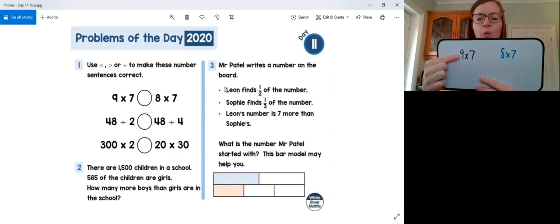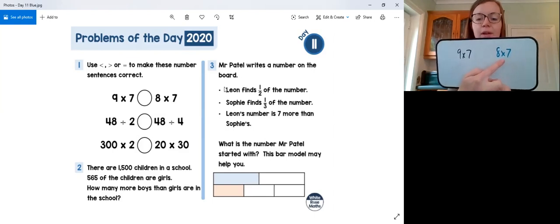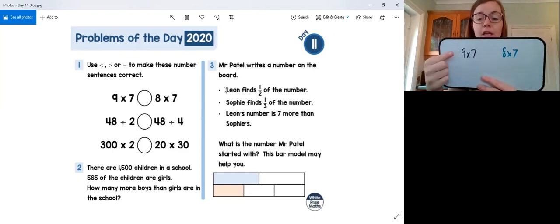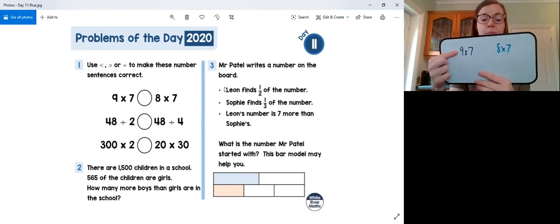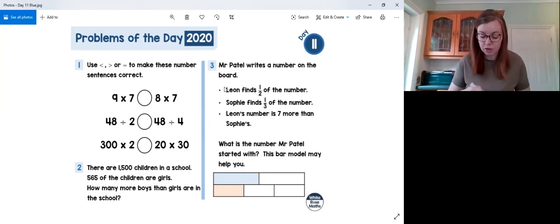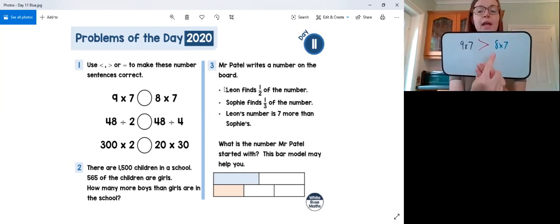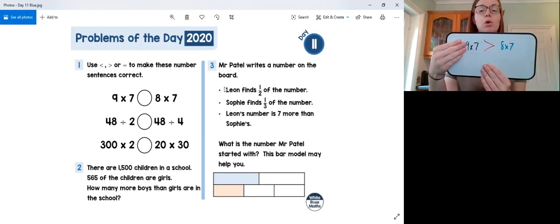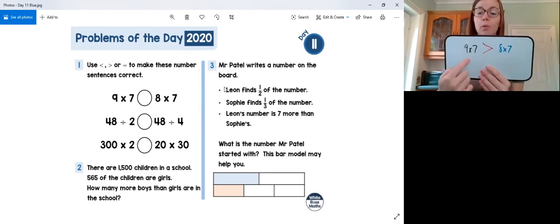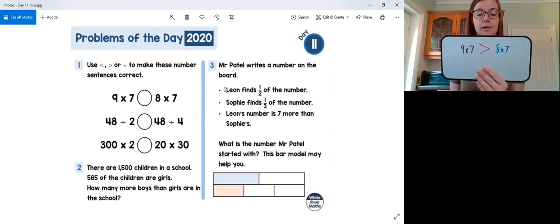Well, that means I have one more group over here because 9 is greater than 8. And as the rest of the calculation is the same, I know this side must be bigger. So we're going to use our greater than symbol because we have 9 lots over here and 8 lots over here. So we have one more lot of 7, or this number will be 7 bigger than this number.